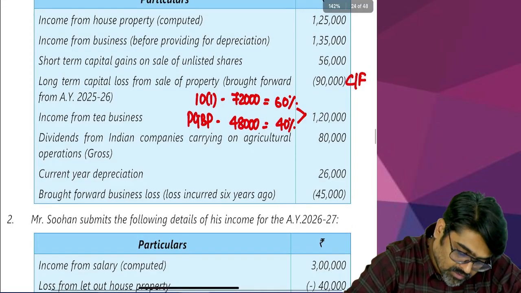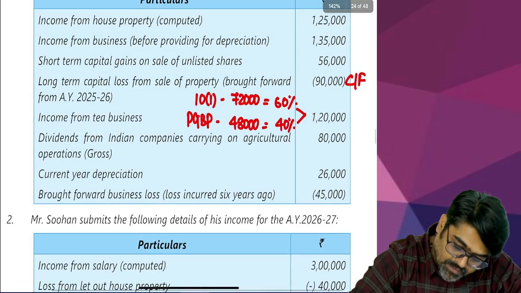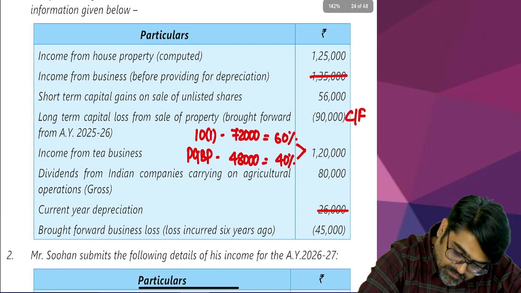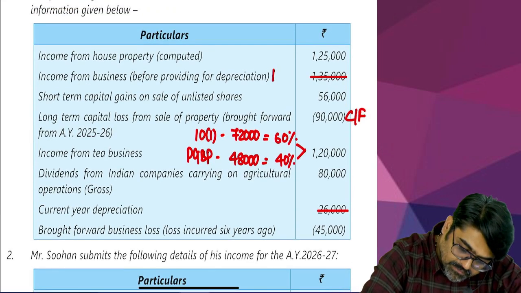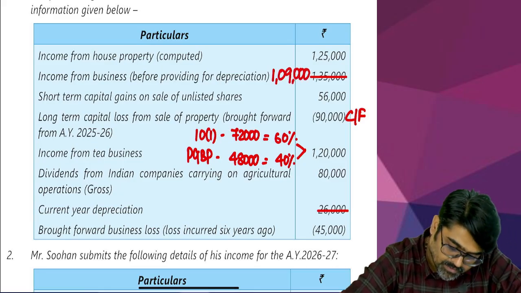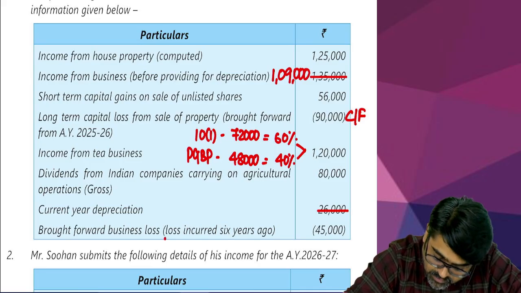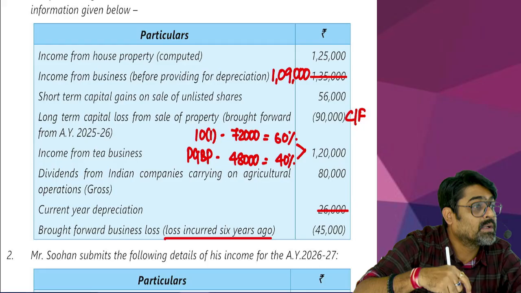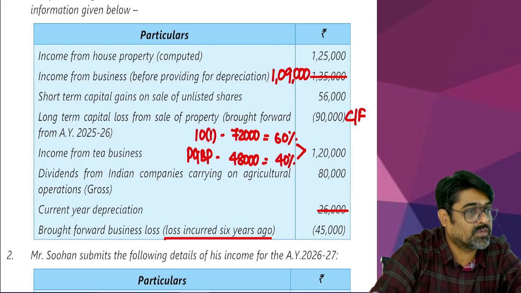Current year depreciation. So tell me, out of 135, if you reduce 26, how much will remain here? 1,09,000. This is your current year profit. Brought forward business loss incurred 6 years. Meaning, this is the 7th year in which the loss is coming.